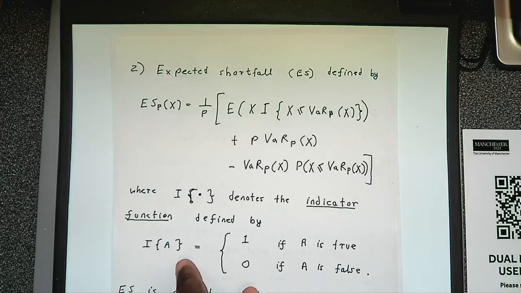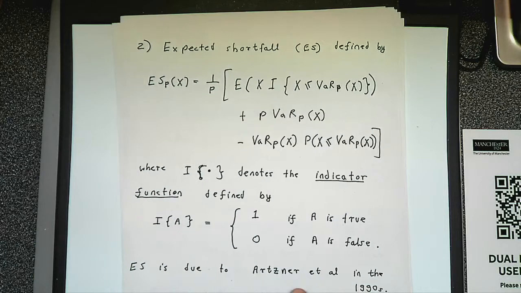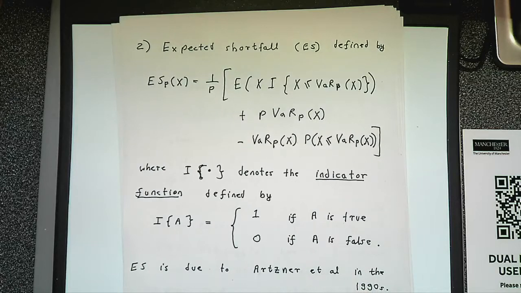The indicator function takes two values, 1 or 0: 1 if the event in the brackets is true, 0 if the event in the brackets is false, right? And ES was due to these people in the 1990s. I will give an interpretation for both risk measures.